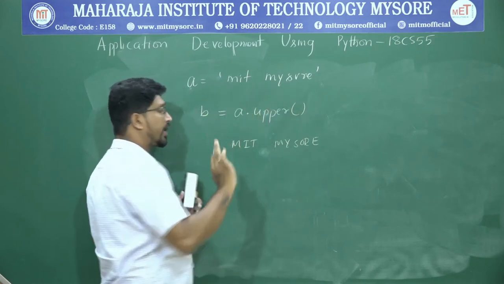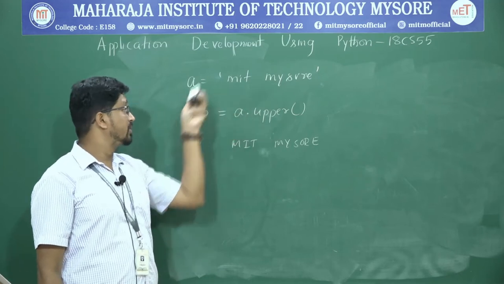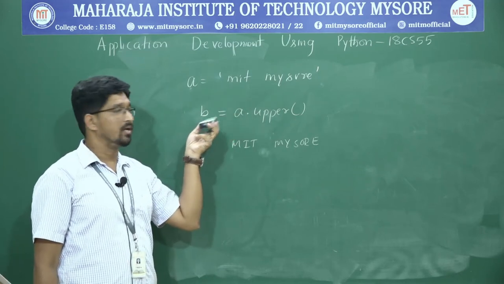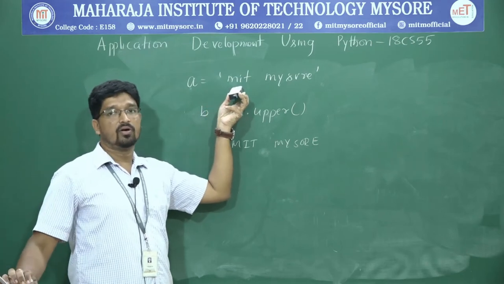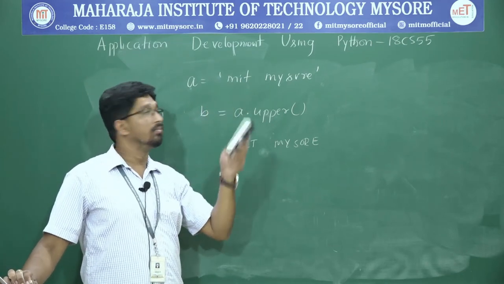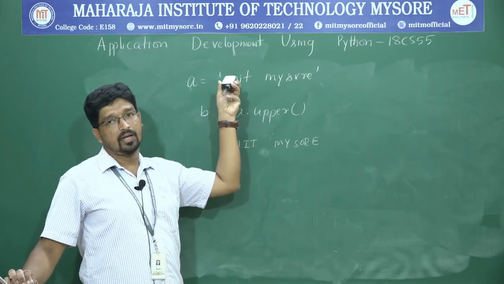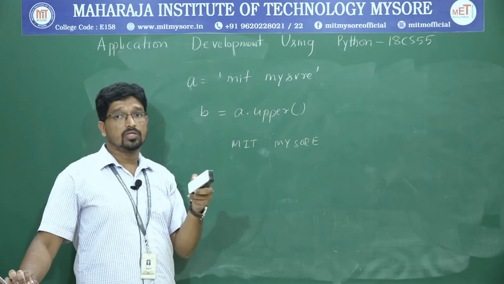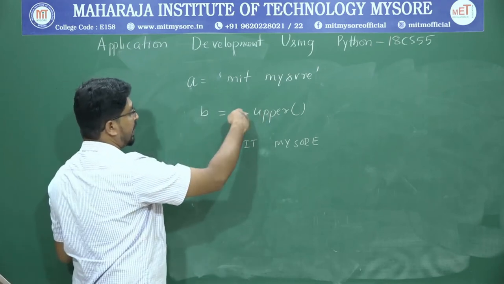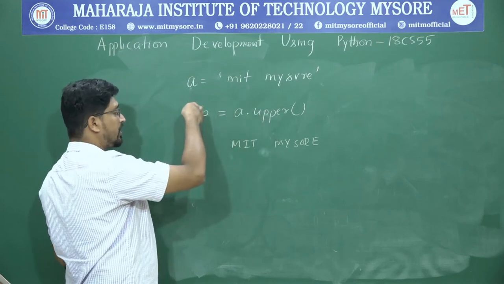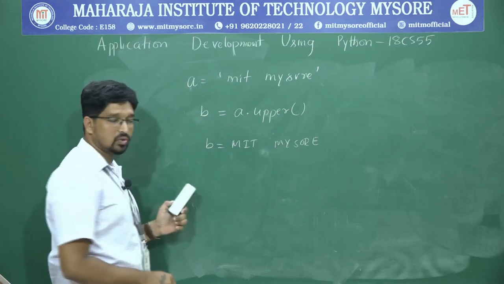This will create the uppercase of A that will be stored in another variable called B. It won't convert A there itself because, as I said, strings are immutable. You cannot change the value. You cannot change a small m to uppercase. But here we are converting A to uppercase and storing it into B. So now B contains capital letters MIT MYSORE.